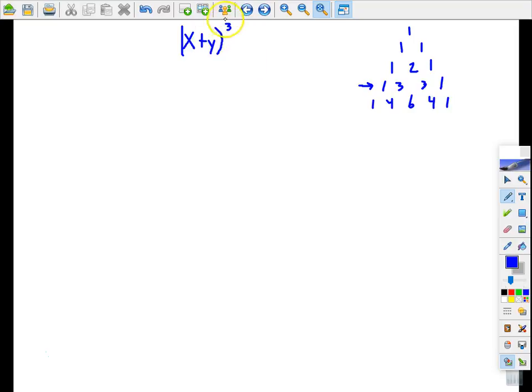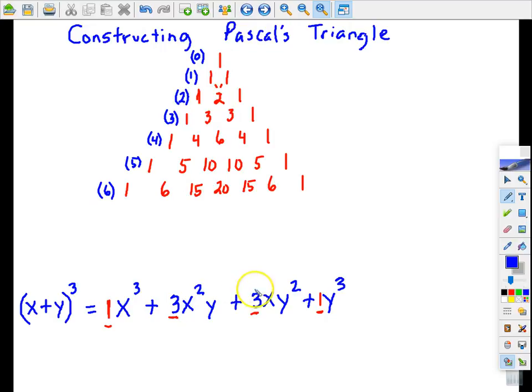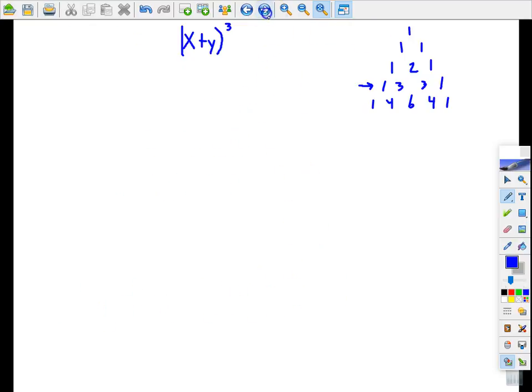Something to keep in mind that when you expand binomials, your result, your final expansion, will always contain one more term than the exponent is. So for exponent 3, when I'm finished, I should have 4 terms, and that is the case here.